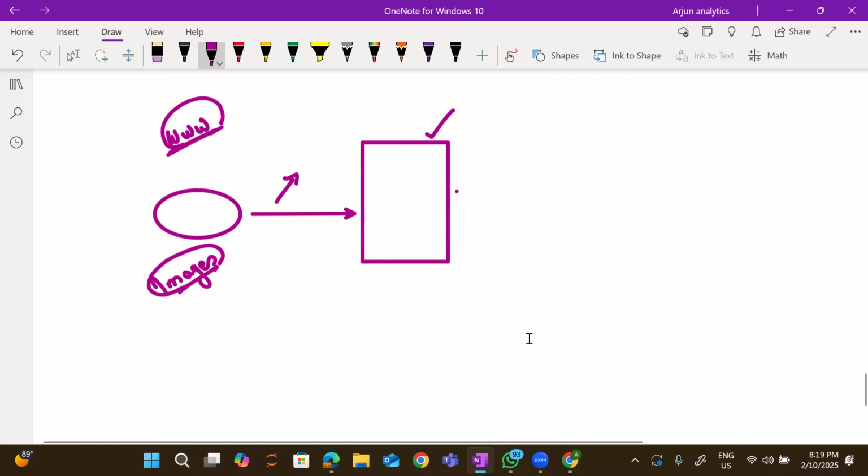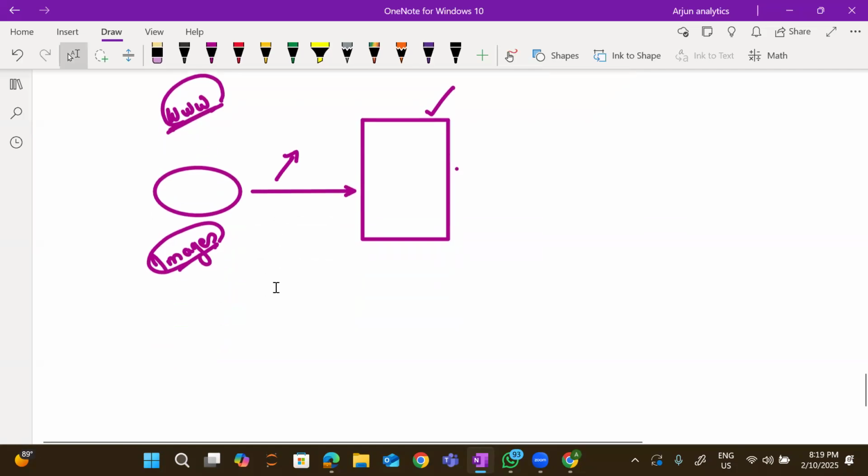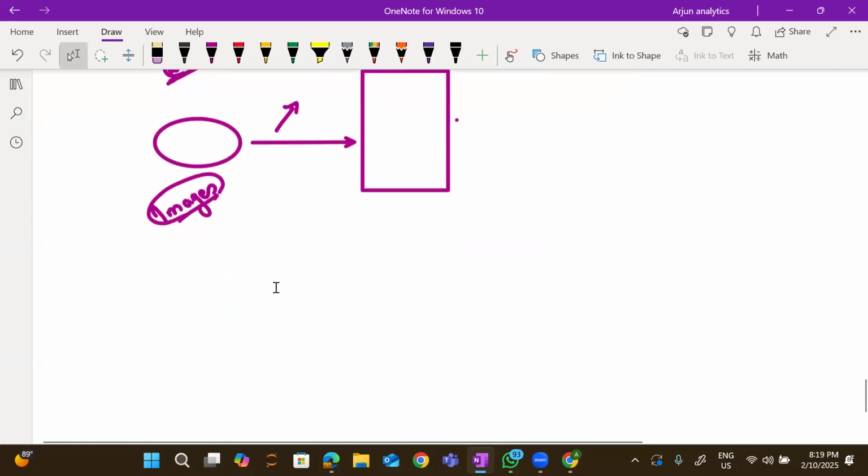Now the major drawback with this one is that it will not be updated with the latest information. Suppose you take Gemini. Gemini was trained maybe 1 month back.